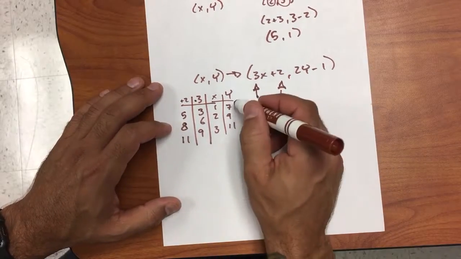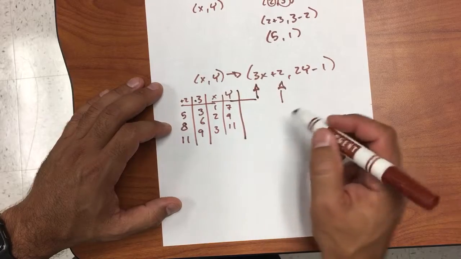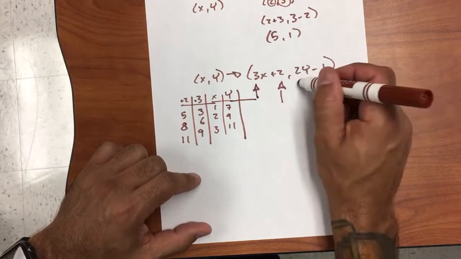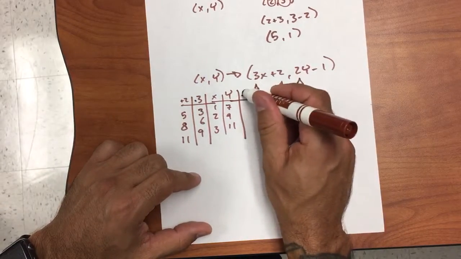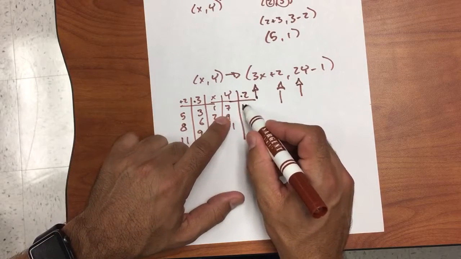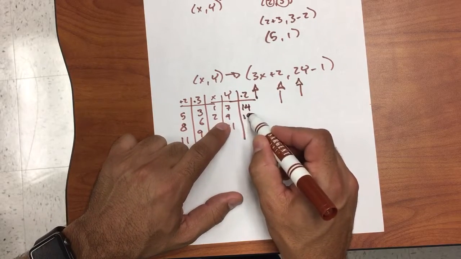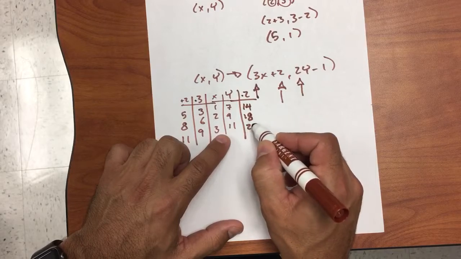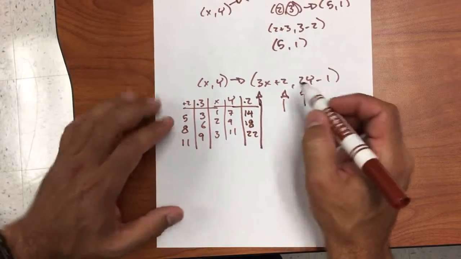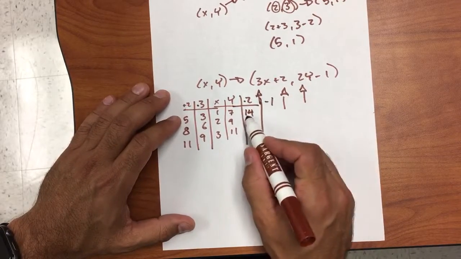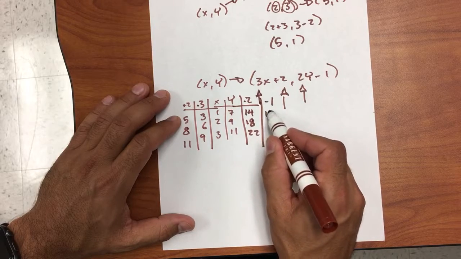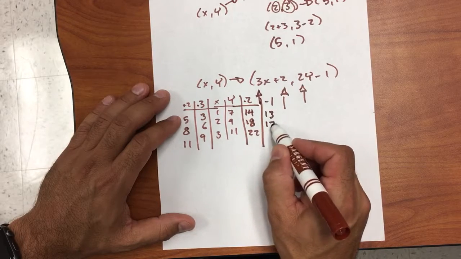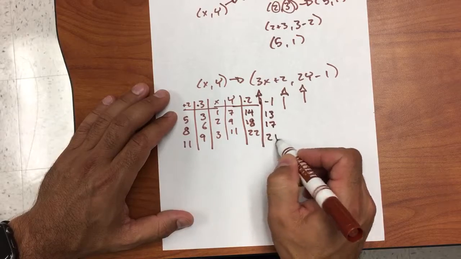I'm going to do the same thing to my y's. My y's, first thing needs to happen is to multiply by 2. So 7 times 2 is 14. 9 times 2 is 18. 11 times 2 is 22. And then next thing I need to do is subtract 1. So 14 minus 1 is 13. 18 minus 1 is 17. And 22 minus 1 is 21.